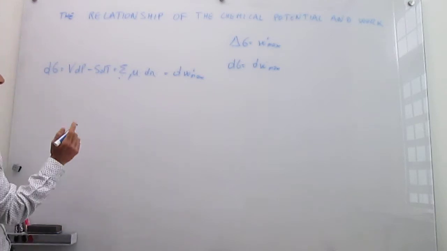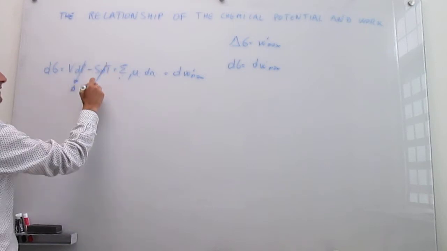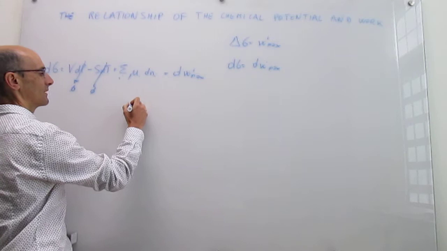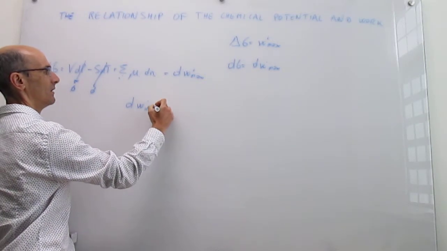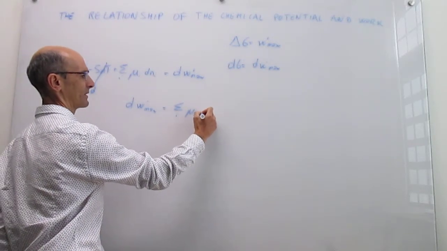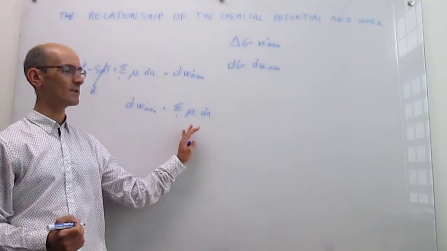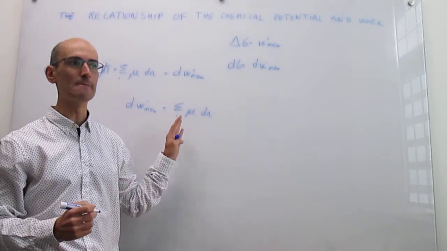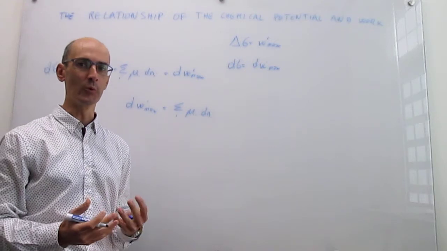At constant pressure and constant temperature, these terms cancel out, and we find a very simple and nice dependence of the maximum non-expansion work on composition or chemical potentials. So there you have it. What this tells you is that if you have a mixture with some change in which the composition is changing, you actually can extract work from that.